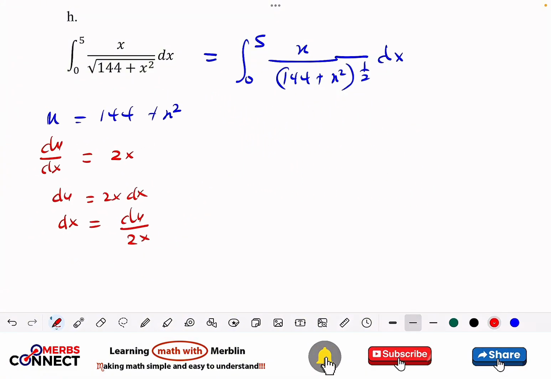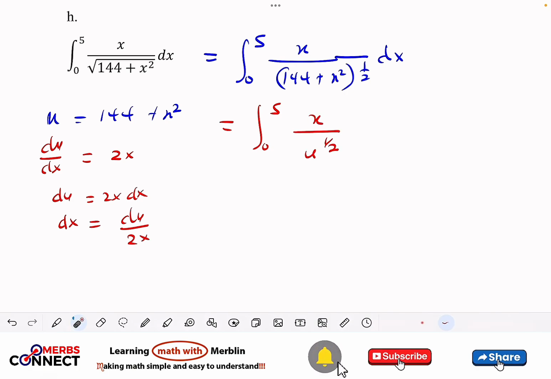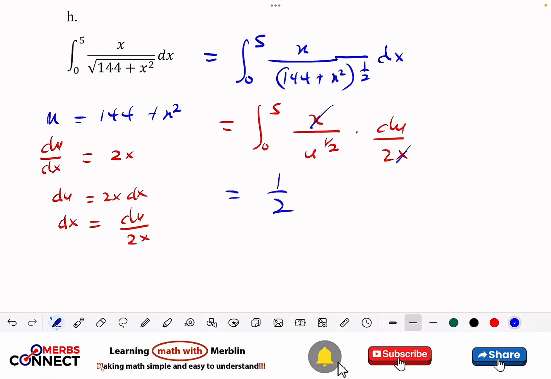So it means that this is going to give us the integral from 0 to 5 of x over u to the power 1 over 2, because u is equal to this, and then dx is du over 2x, and then x will cancel x. So this is 1 over 2, 1 over u to the power 1 over 2 du.